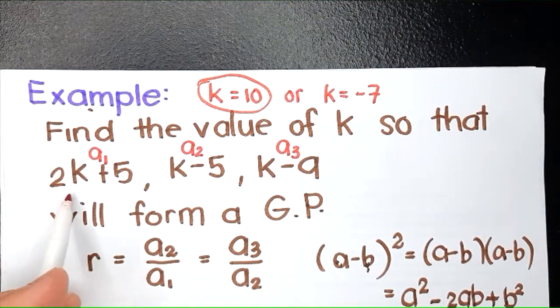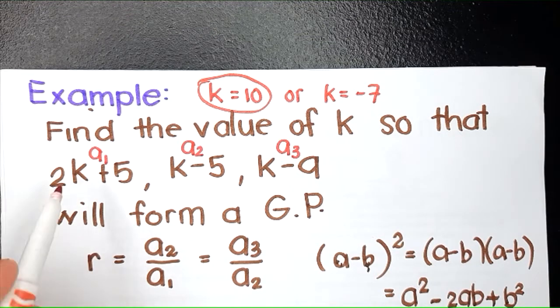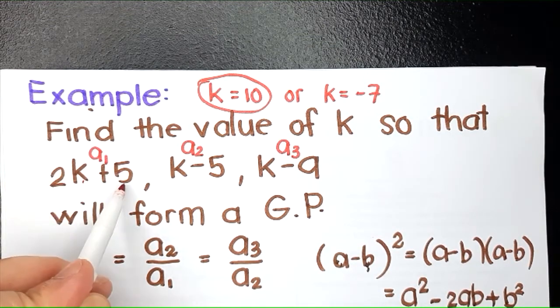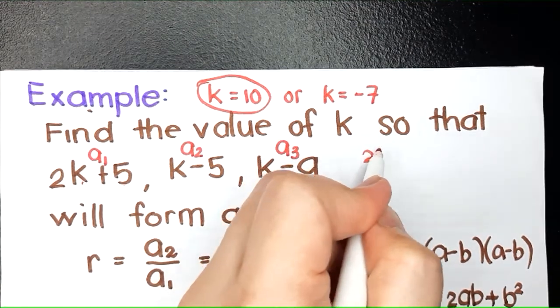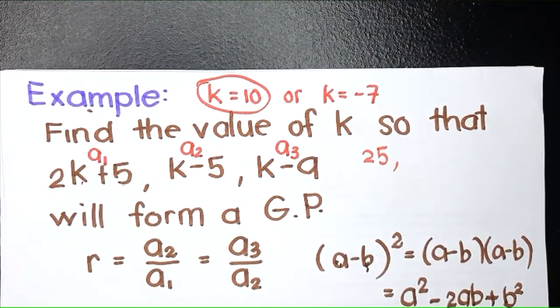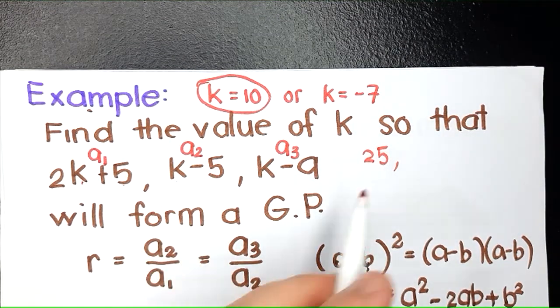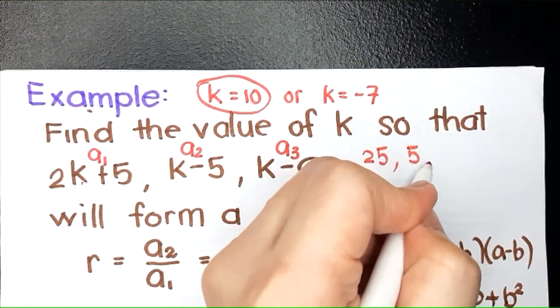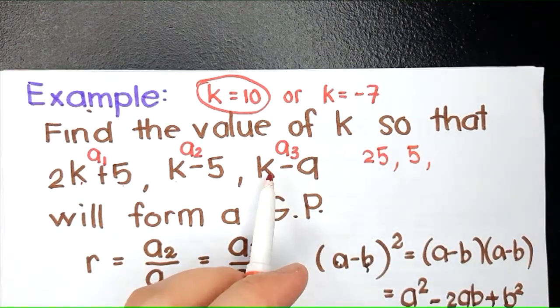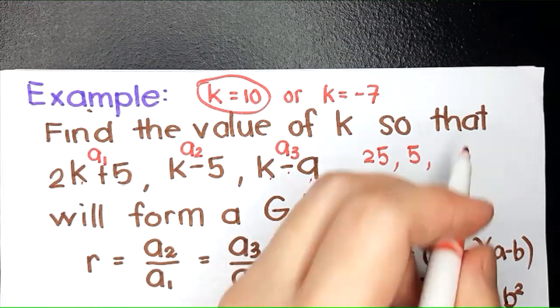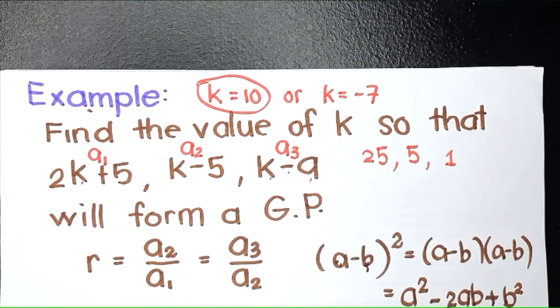What is A sub 1 when k equals 10? 2 times 10, that's 20, plus 5, you get 25. What's the next number? This is 10. 10 minus 5, you get 5. And then what's the third number? 10 minus 9, you get 1.